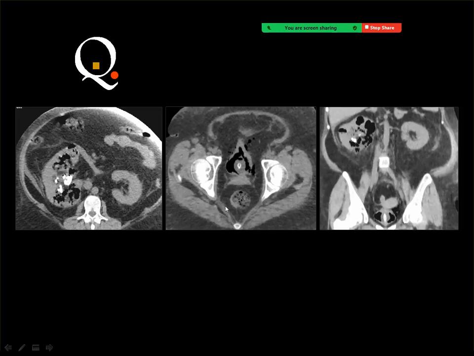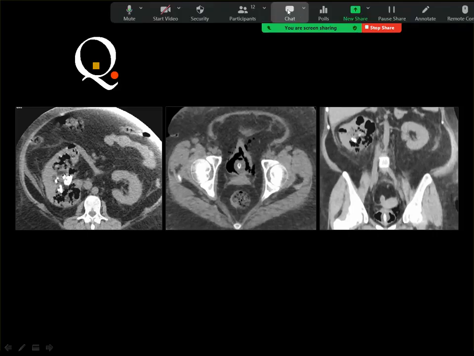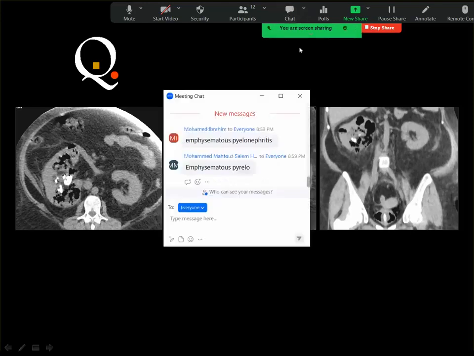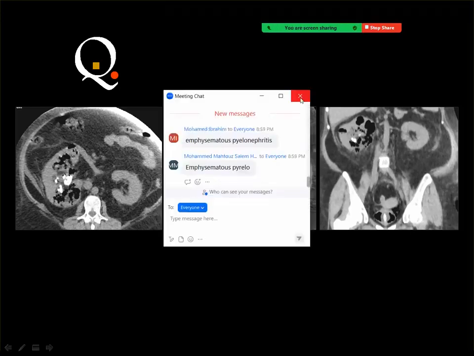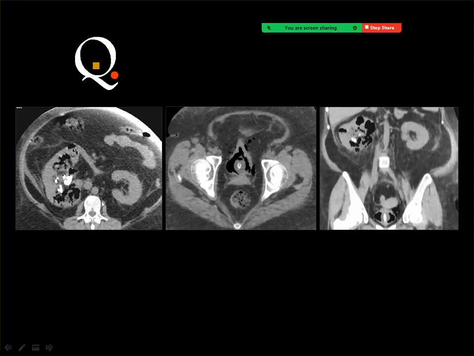Non-contrast CT scans of the kidneys and urinary bladder as well. Yes, the diagnosis is easy in this case because you see air in the kidney, air in the urinary bladder, and you got some calcification or stones.